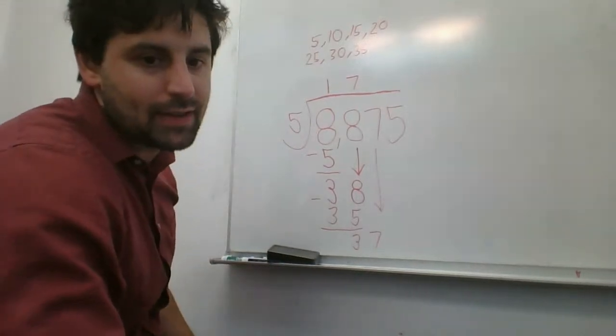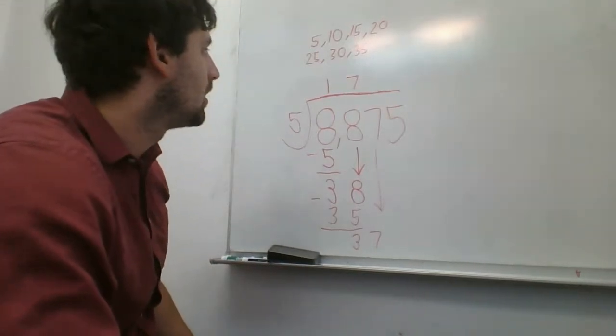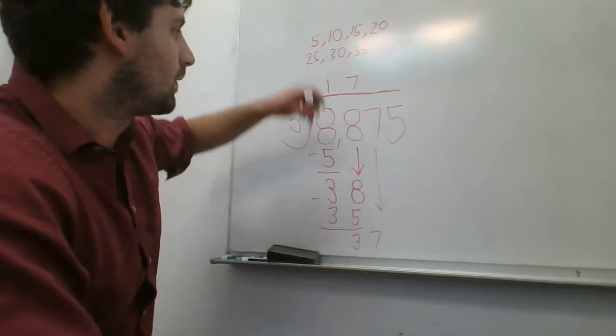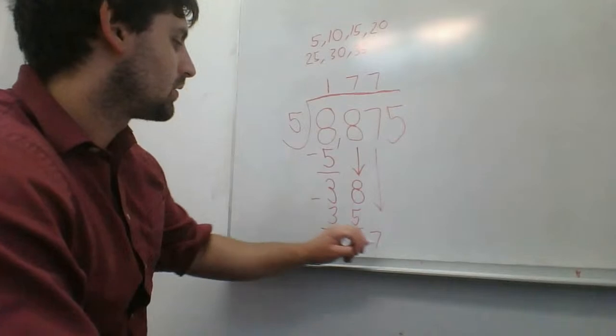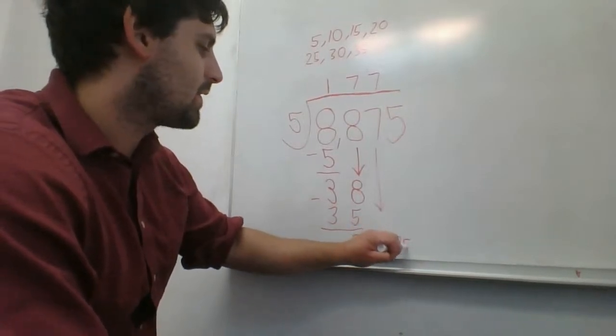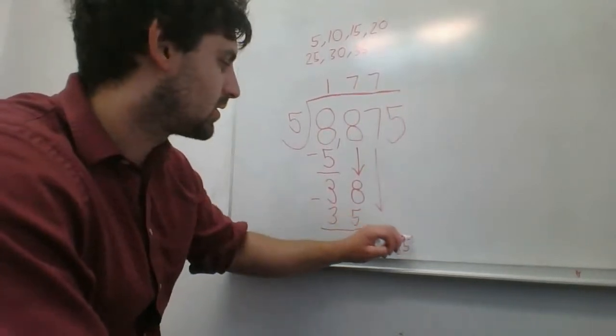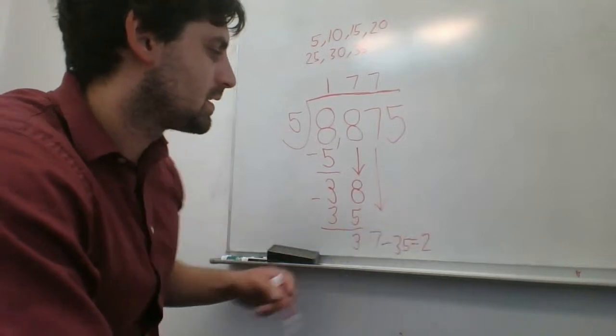If I count by 5 again, I'll be too far. But 5 goes into 37 also 7 times. 37 minus 35 equals 2.